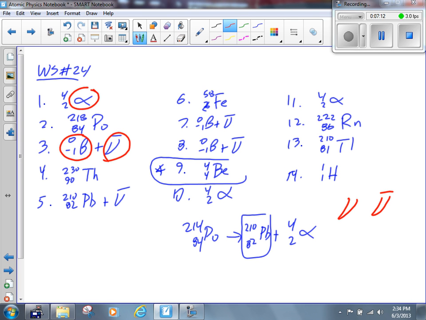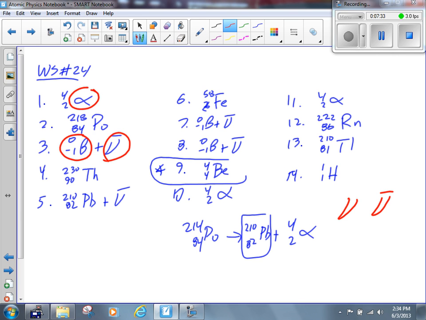When you're writing out the transmutation equations, you never have to worry about those neutrinos or antineutrinos in terms of balancing them. They have no protons, no neutrons, no electrons or positrons or anything of the sort. But they should still be there, again, to account for that missing mass.